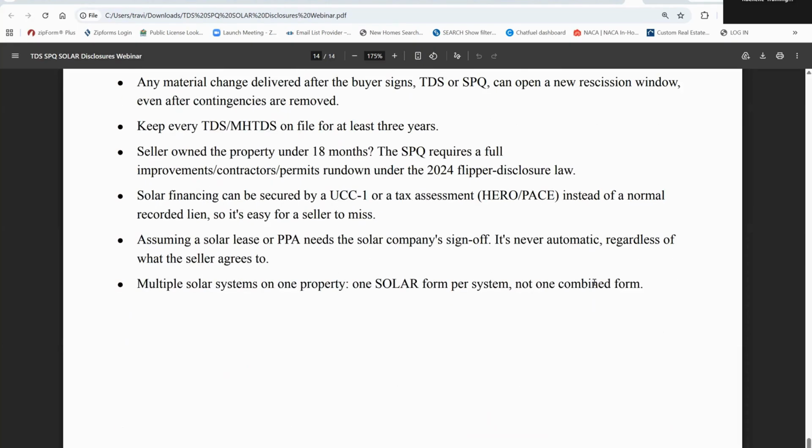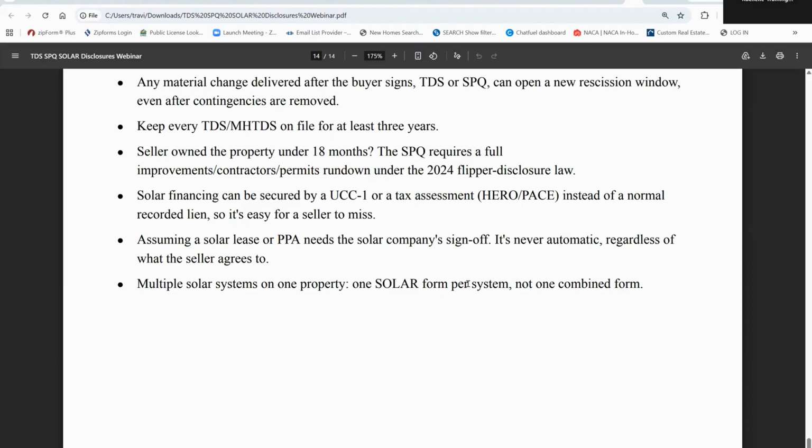Which leads me to another question that comes up sometimes, which is the TDS and the SPQ on a 2 to 4 unit. Obviously, it's going to be one for a 1 unit. I usually tie that to how much work has been done on each unit, and whether you need to fill out one of these per unit. So it would say Main Street, Unit 1, and the next form Main Street, Unit 2.